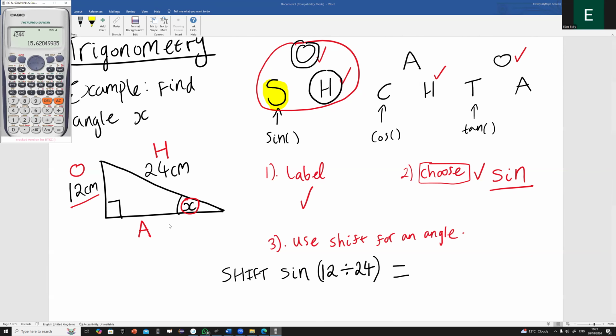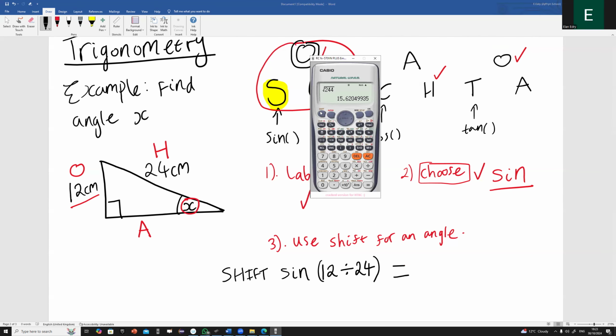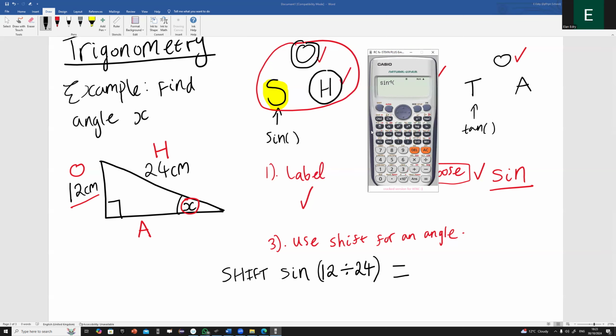So if I do that, I have Shift, Sine, O over H. So you can use the fraction button or you can use divide, and I get 30.